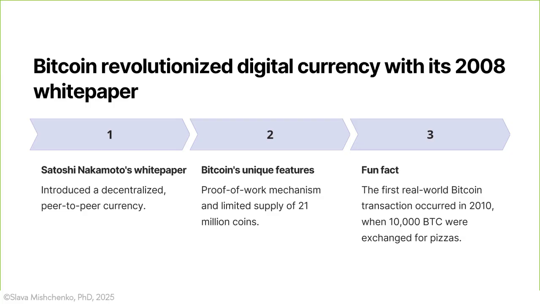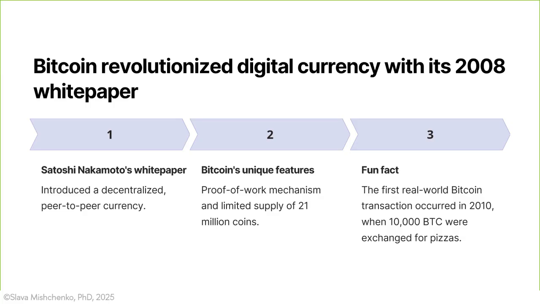What fascinates me about Bitcoin's creation is how it solved a problem that had stumped computer scientists for decades, creating a decentralized digital currency that couldn't be double spent. Nakamoto's solution was brilliant in its simplicity. That is a proof of work mechanism combined with a fixed supply cap of 21 million coins.